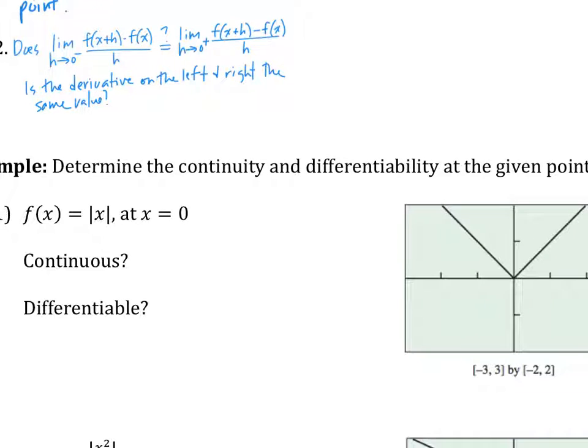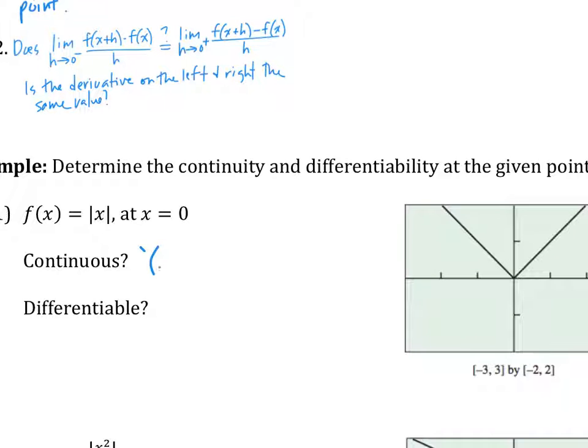So we have this function, f of x equals absolute value of x, and they want us to figure out, is it continuous at 0? Is it differentiable at 0? And if it's not continuous or not differentiable, why? All right, so first, raise your hand if you can tell me, is it continuous at 0? Okay, yes. Is it differentiable at 0?